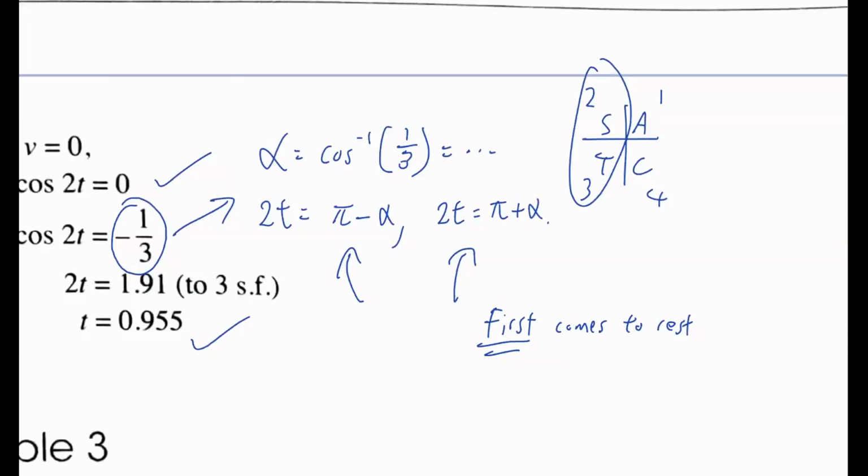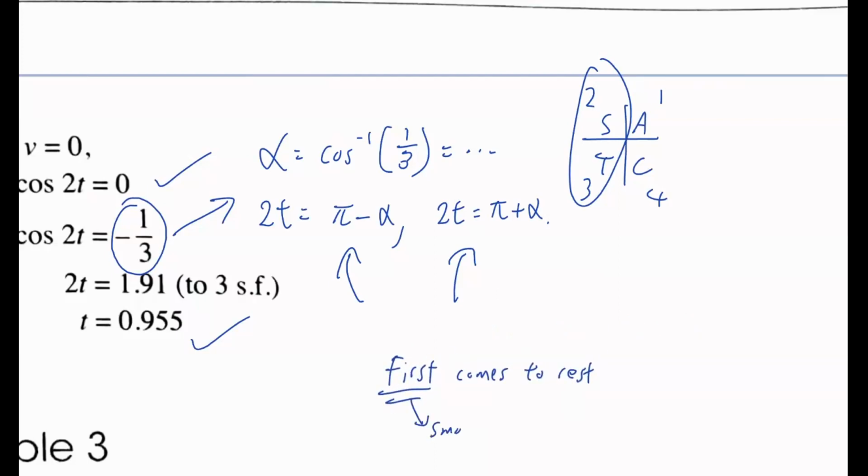You want the time when it first comes to rest, so you need the smaller one. First means you want the smaller t. So pi minus alpha or pi plus alpha, which one will be smaller? Minus, yes.